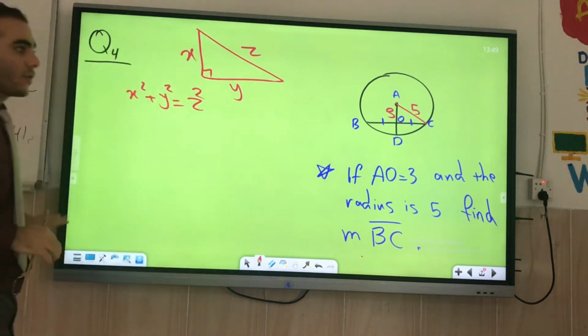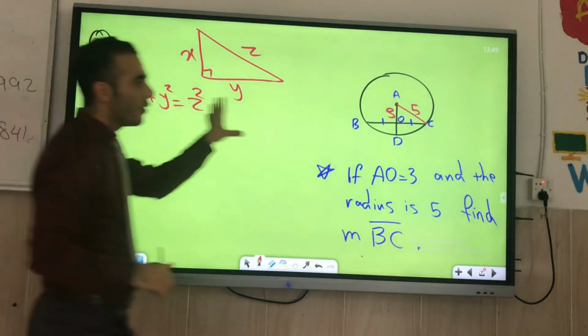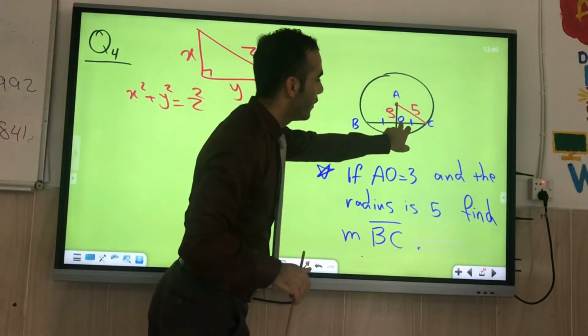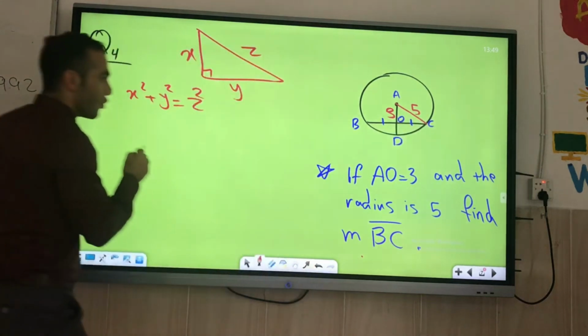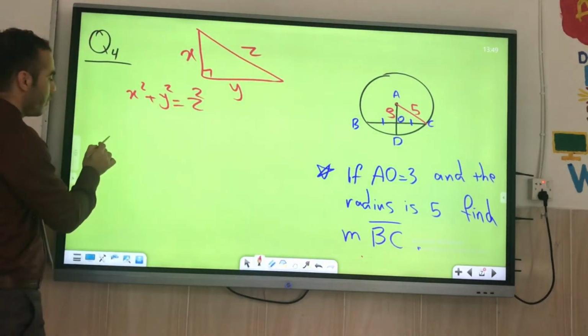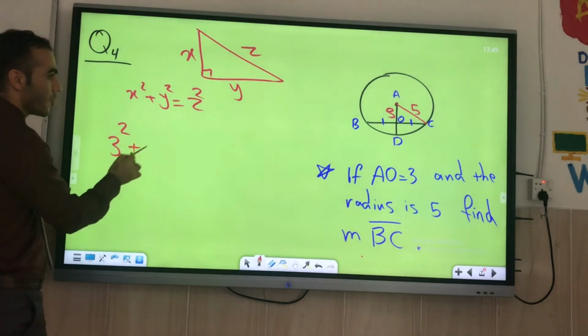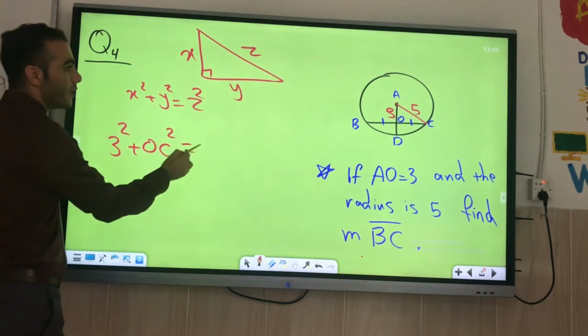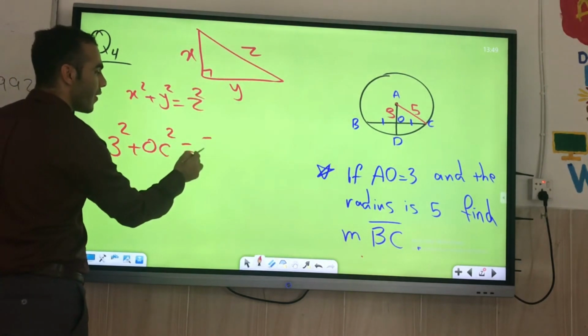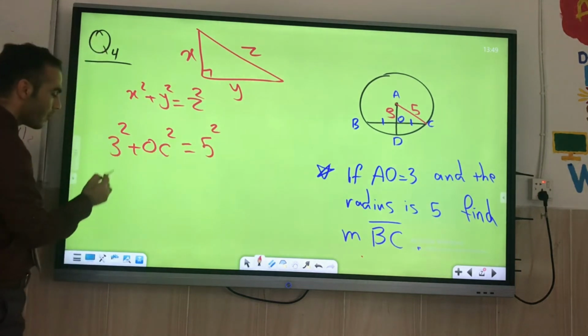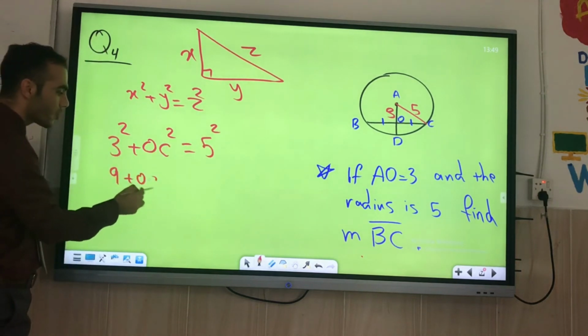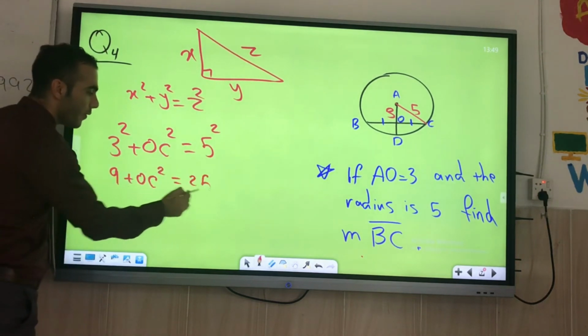So based on this theorem, let's follow it in order to get OC. In our right triangle we have 3 squared plus OC squared is equal to the hypotenuse squared, which is 5 squared. So 3 squared is 9, plus OC squared is equal to 25.